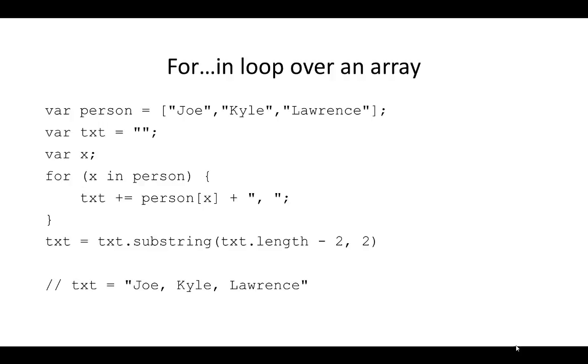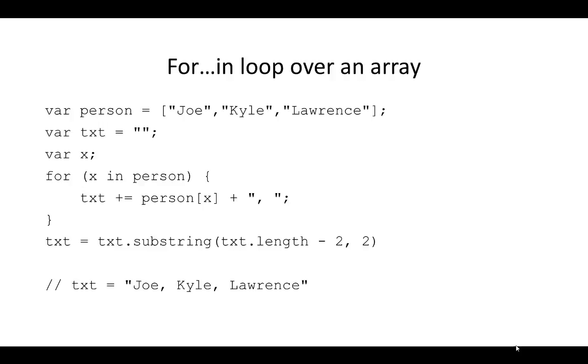So for x in person, what we're doing is adding the text in. So x is incrementing. So person x, the first time it's person 0, so we add person 0's name onto the text. The second time we pick up Kyle, and Kyle gets concatenated. We get comma, space, and then we have Kyle.